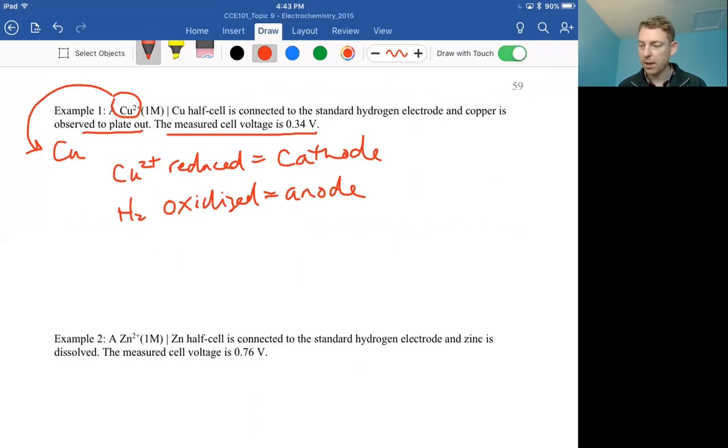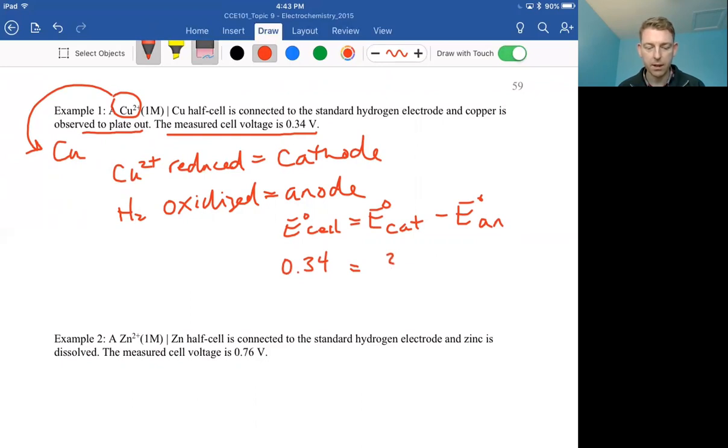So at this point, we can write down our equations. So we have the standard cell potential is the standard half reaction for the cathode minus the standard reduction potential for the anode. This is given to us as 0.34 volts. The cathode, so this is our question mark, right? That's our value for copper that we're trying to find.